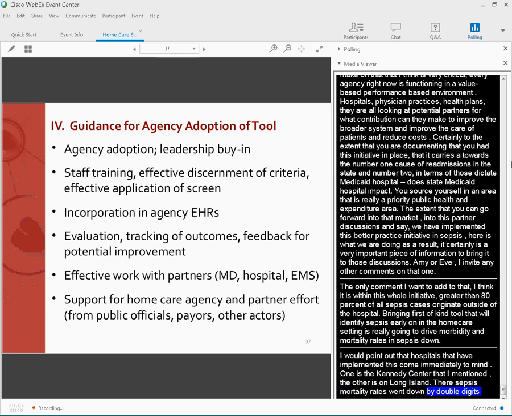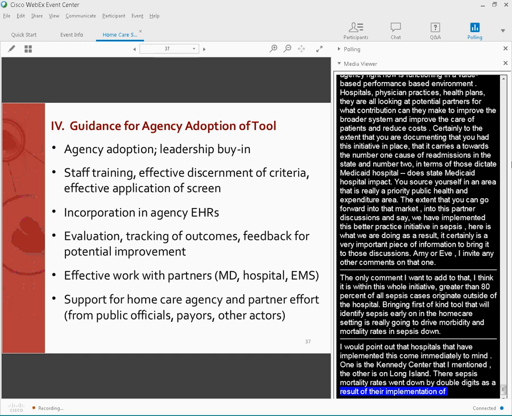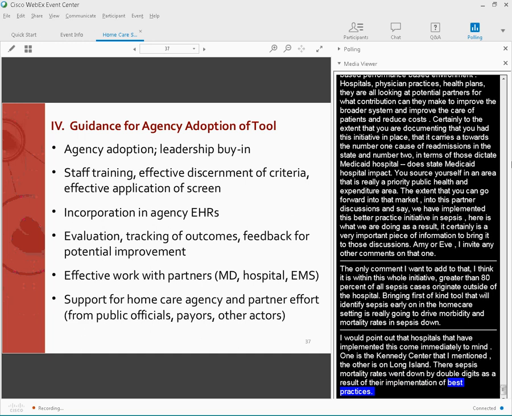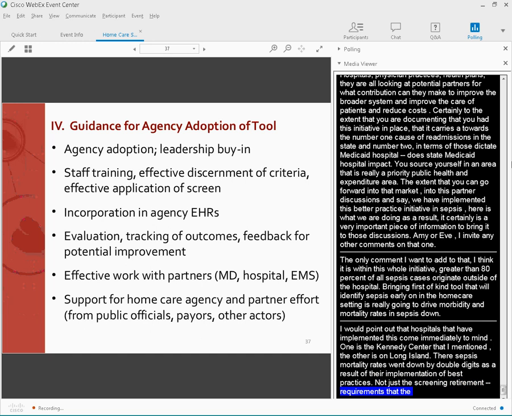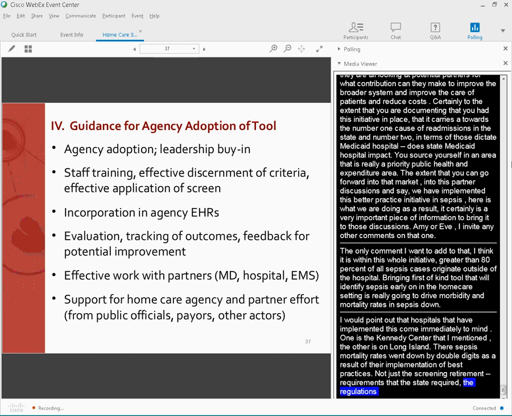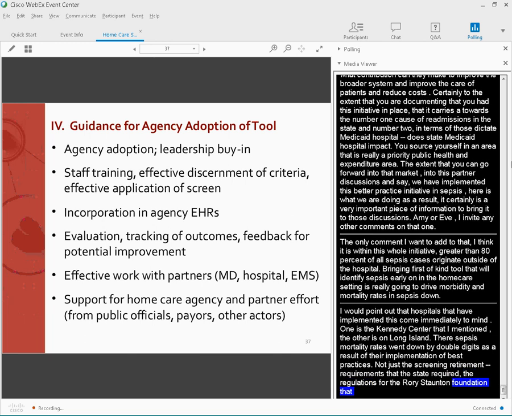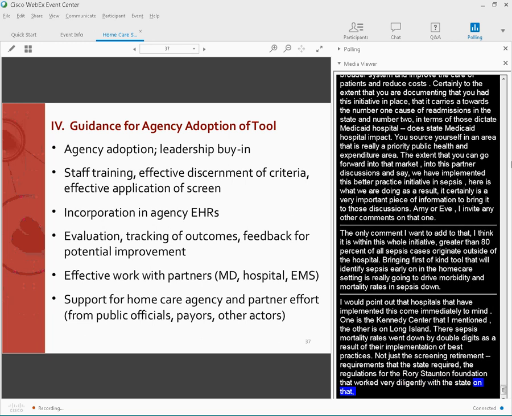Not just the screening requirements that the state required under what are often referred to as the Rory regulations, or the Rory Stoughton and the Stoughton Foundation that worked very diligently with the state on that, but also because of the training and education aspects that were implemented throughout those systems. So again, two very important ingredients coming together to achieve that improved outcome.